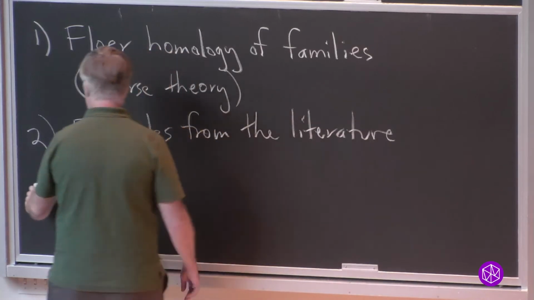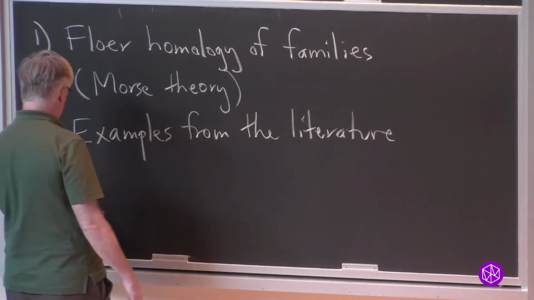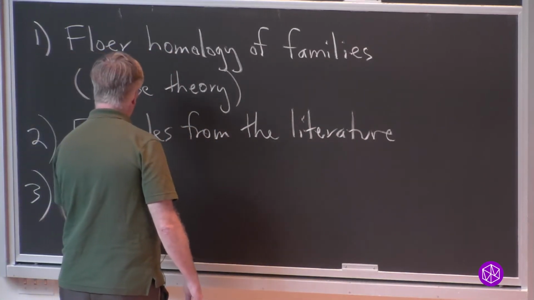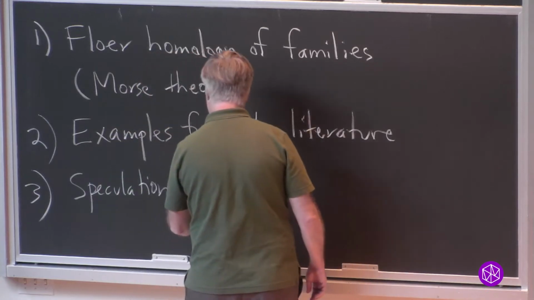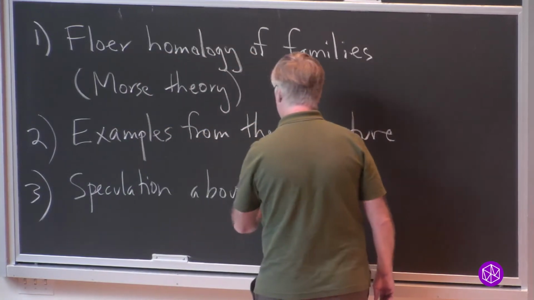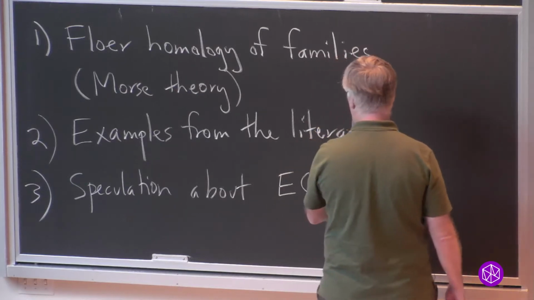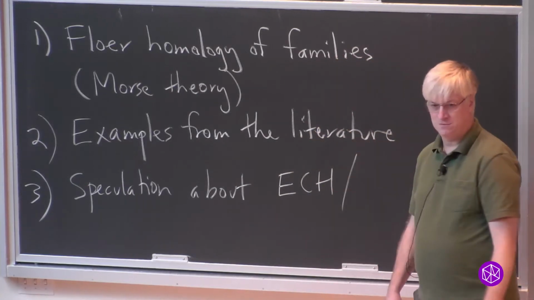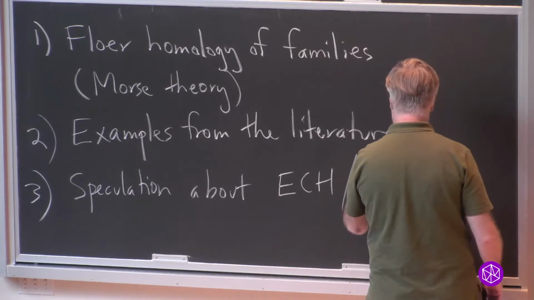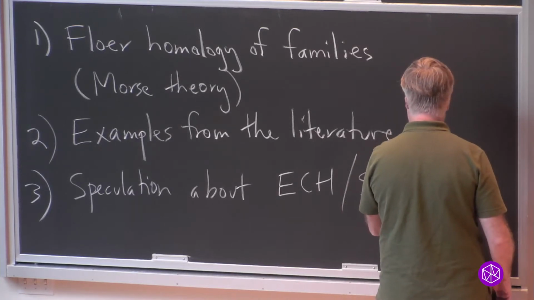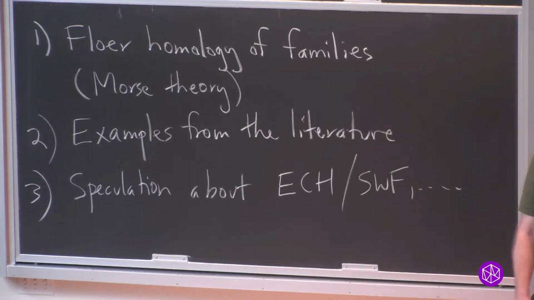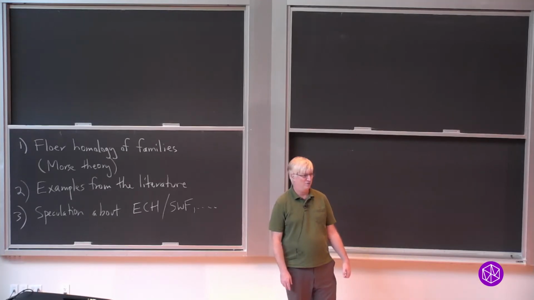And third, some speculation about possibly doing this in gauge theory. My favorite kind of gauge theory is embedded contact homology, but there should be a version of this for Seiberg-Witten Floer homology and other kinds of gauge theory. I'm pretty sure you can do this if you do the technical work. The question is, is it interesting, and are there any applications of that?